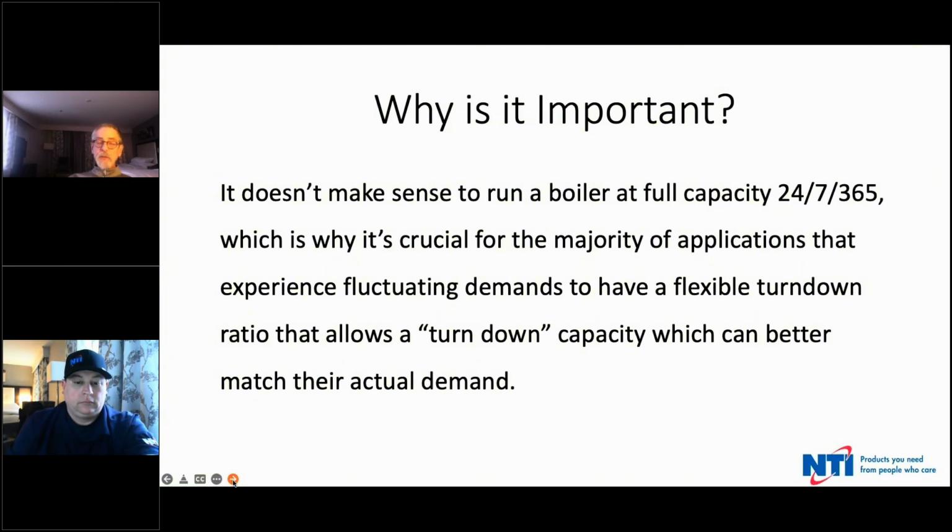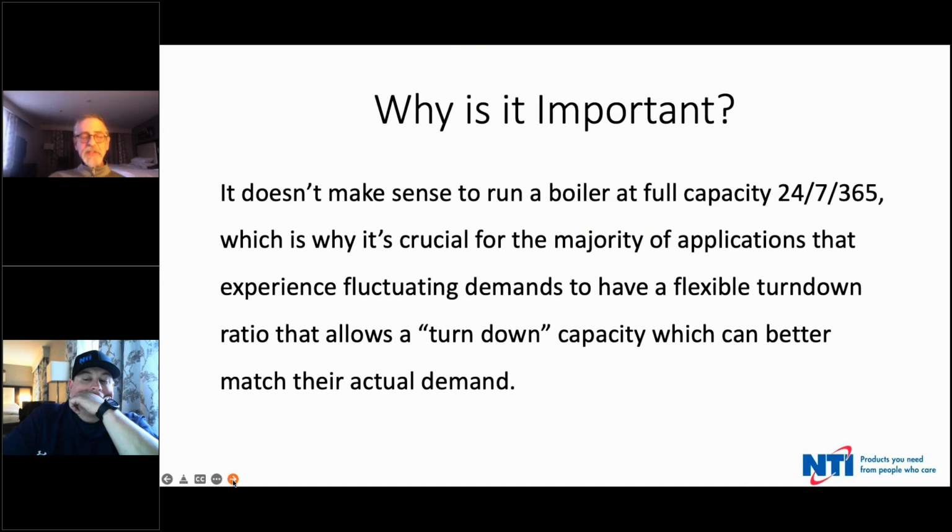Every mechanical component ever made was designed around something called, oh my God, I'm having a senior moment, duty cycles. You may have something that's designed to have 100,000 duty cycles. You may have something that's designed to have 1,000,000 duty cycles.